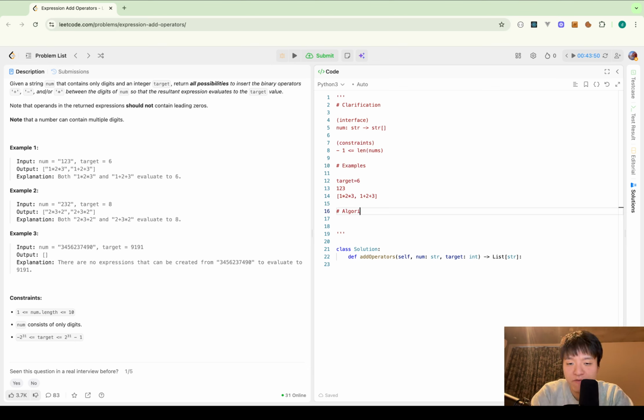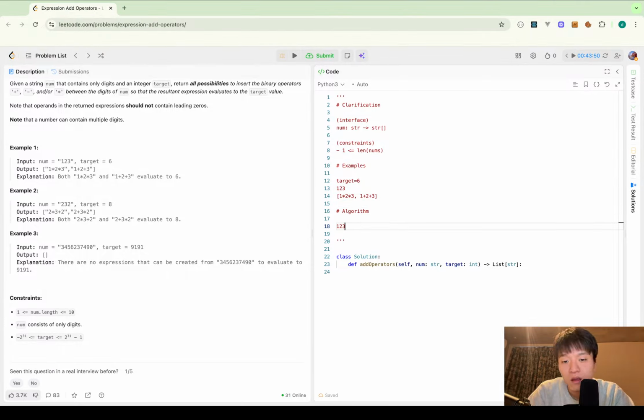Let me think of the algorithm. The brute force approach is to try to insert multiplication, plus, or minus at every place between two digits and try every combination. But obviously this takes so much time, so I will try to think how I can do this better.